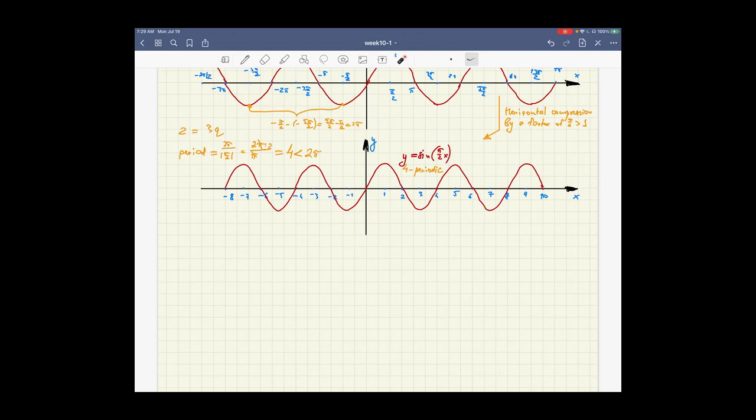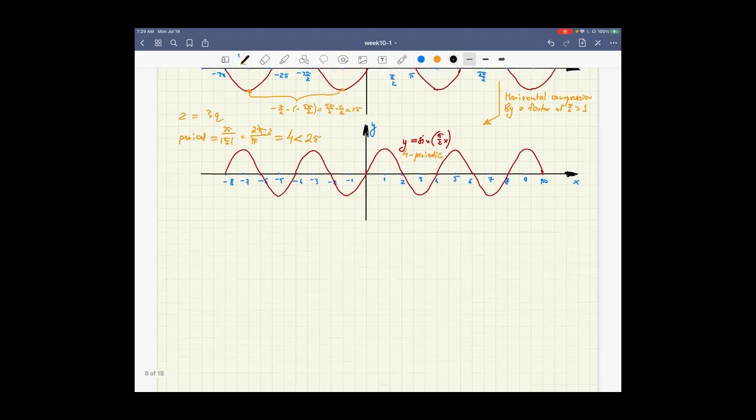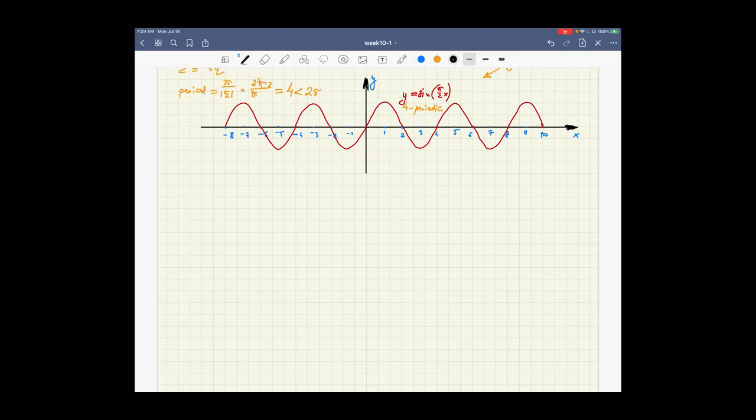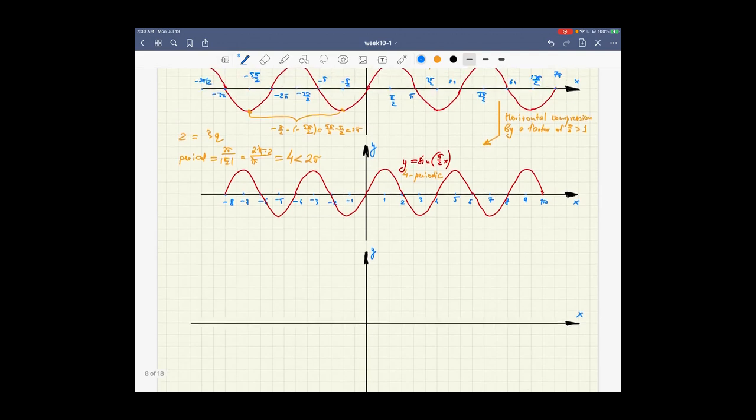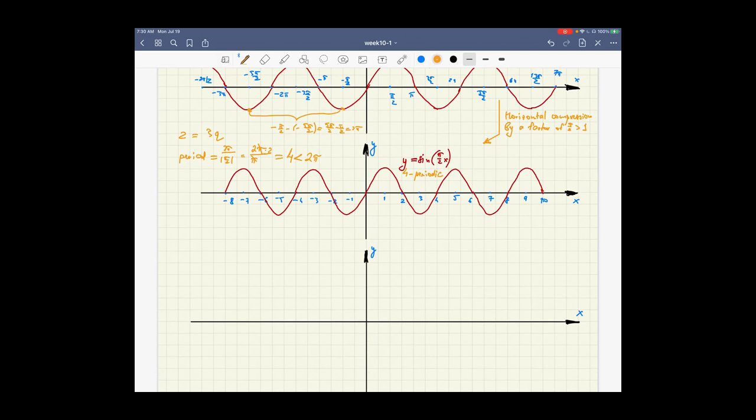So let me draw a new set of axes. Here we will also have distance 2 along the x-axis to be 3 squares.